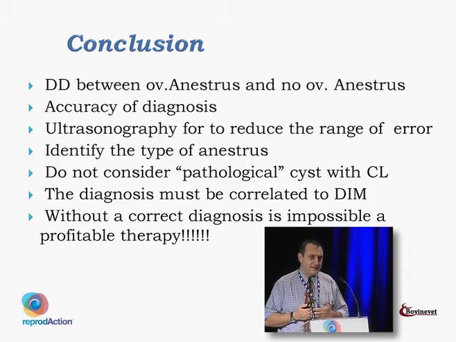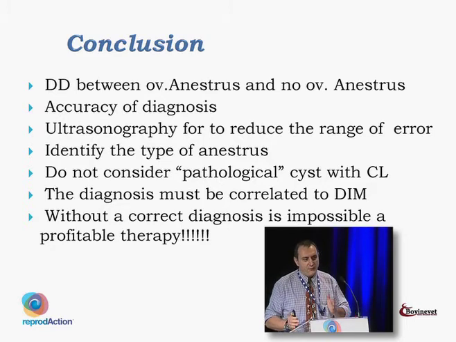I believe that it's time to finish the war between palpators and ultrasonographers. I always tell the same example: if I take a donkey and I put an ultrasound unit on the neck of this donkey, it is not transformed into a gynecologist, but all the gynecologists today are probably working with an ultrasound unit.